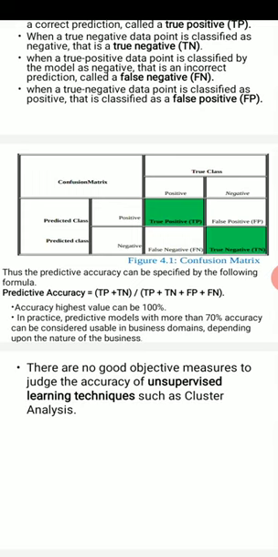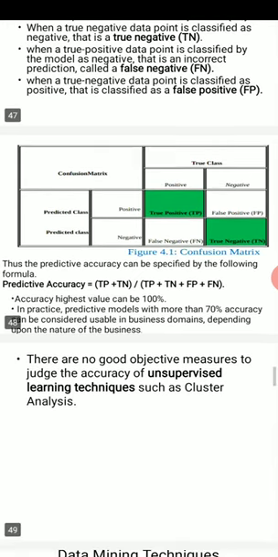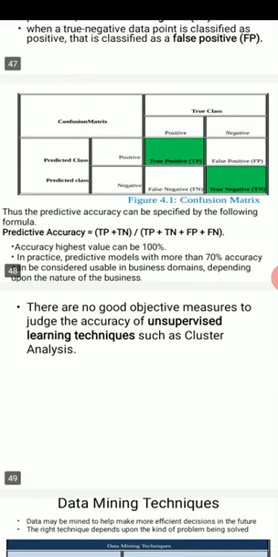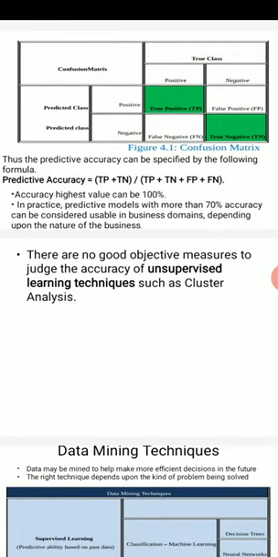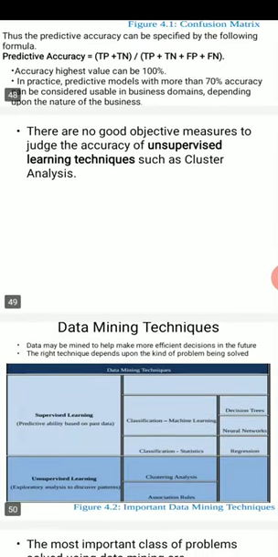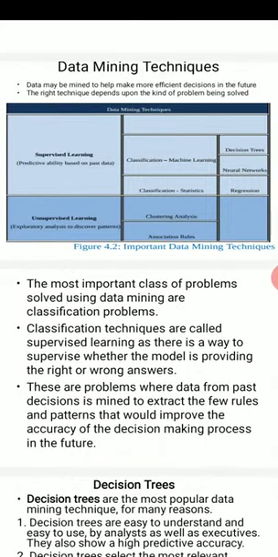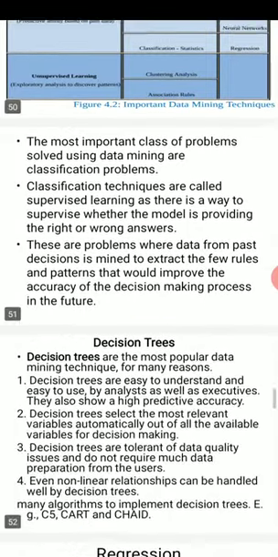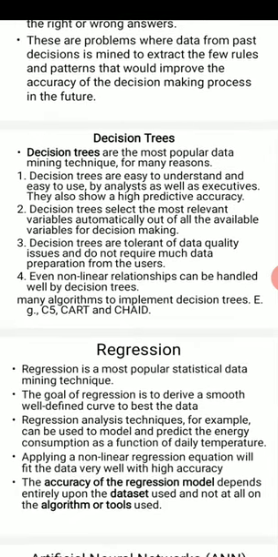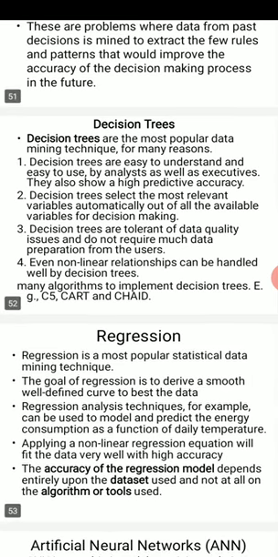There are no very good objective measures to judge the accuracy of unsupervised learning techniques, such as cluster analysis. We have cluster analysis and association rule mining. So to brief you, we have come across decision trees, the most commonly used technique for many.